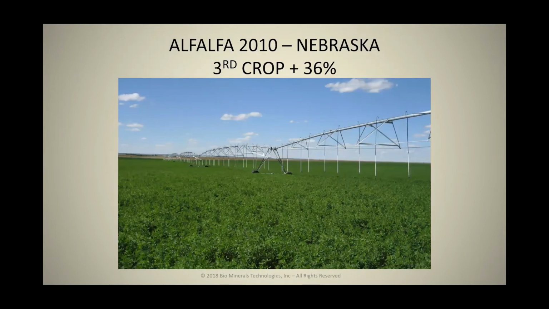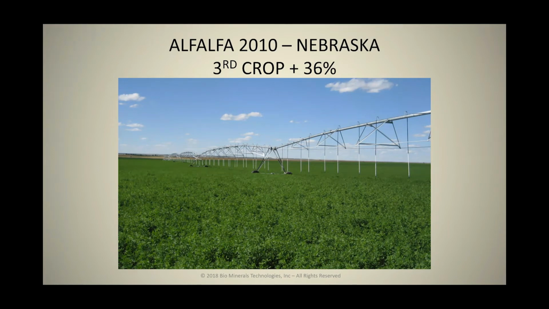This is Ted Underwood's field in Alliance, Nebraska. By putting on the minerals and the microbes just one time, his 3rd crop cutting of alfalfa increased 36%. This plant was 36% above his 3rd crop average yields.